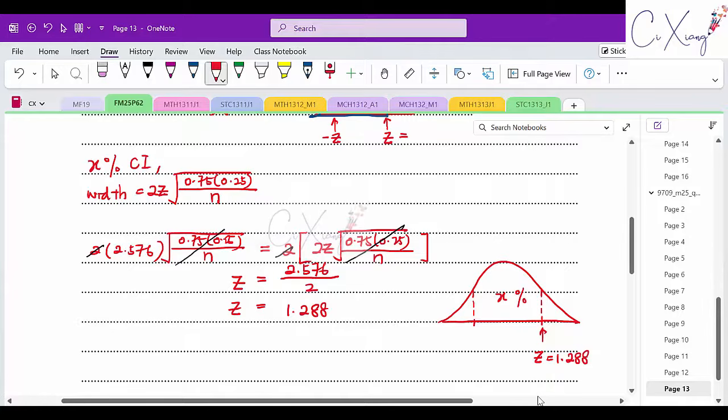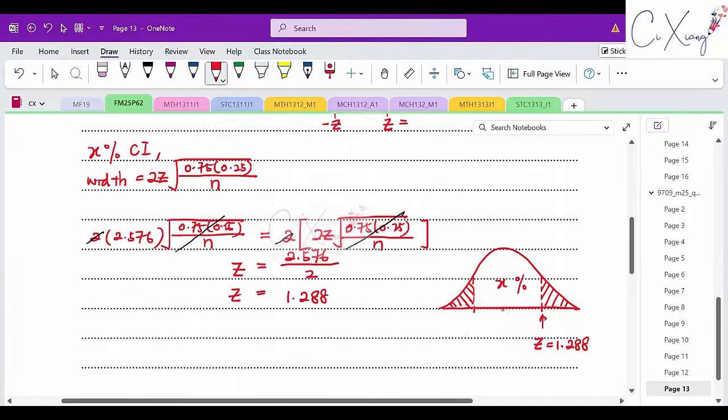Before I can calculate the X, I need to calculate this area. I also need to calculate this area. Then I take 1 minus these two areas. Then I'll get the X, correct or not? Yeah, so this is what I'm going to do now.